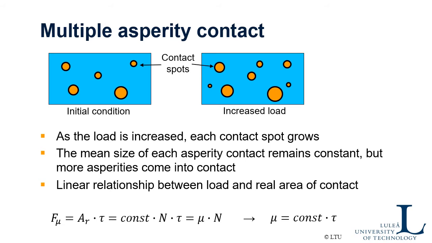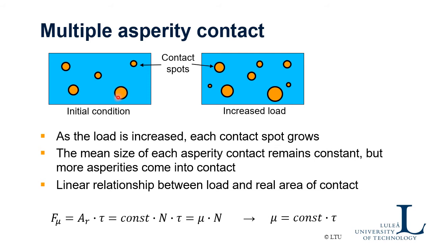And we also know that there is a linear relationship between the load and the real area of contact. We discussed that in the contact mechanics videos. That means that the friction force is the real area of contact multiplied by the shear strength of the contact spots.